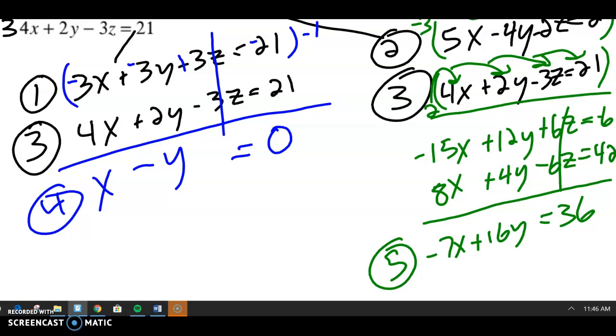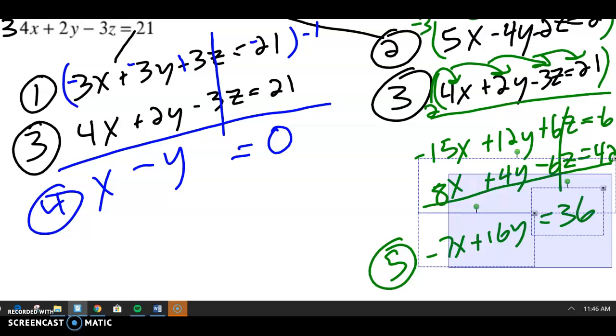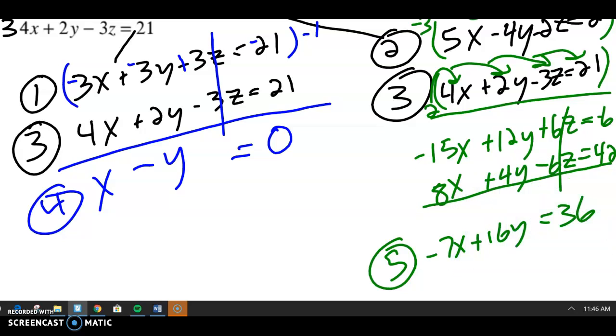At this point, I need to decide how I'm going to go ahead and solve this going forward. I'm going to take my equation number 5. I just rewrote it. Negative 7x plus 16y is equal to 36.